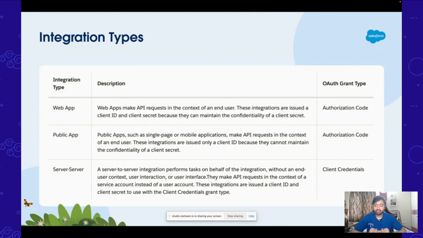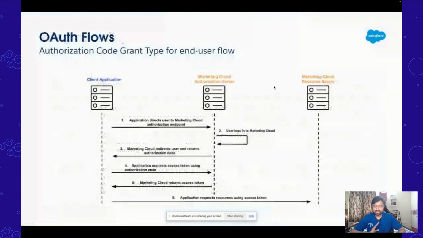And this kind of integration, if you choose, it's going to come with an OAuth grant type. Now this is something that happens behind the scenes that you need not totally worry about. So what are these different grant types is, for example, here is how the end user flow is going to look like. So the flow where a user logs in and the integration works on behalf of the end user, what's going to happen is the moment you click on, let's say, the button called integrate, it's going to redirect the user to the Marketing Cloud login page.